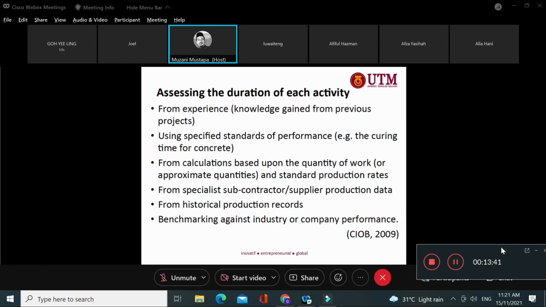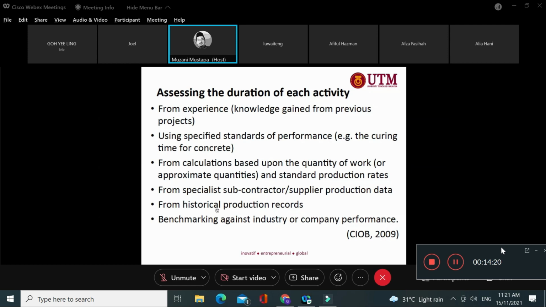So how to assess the activity? So this is how the planner needs to know, right? And then from calculation based upon the quantity of work, maksudnya in either the BQ or even the production rates, like I said, when they do a planner to do the time scale in the network, they have to understand what type of machineries the company or the contractor uses, how many laborers or how many gangs, what type of assistant they have, for example machineries, is it semi-skilled or skilled workers, or even they have automation on that particular activity and so on, right?